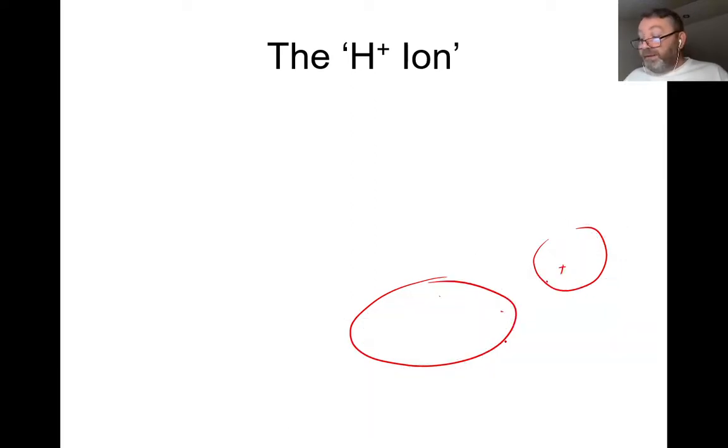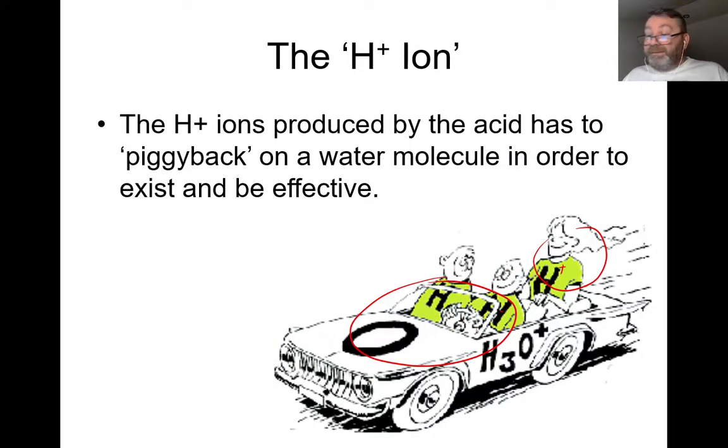So what happens is that the H+ produced by the acid can't exist on its own because it's a proton, so it attaches itself to the nearest water molecule, which is neutral. The water molecule carries the H+ almost on its piggyback. The water remains neutral. It's carrying a proton, so the proton is still able to act as an individual proton, albeit combined with a water molecule.